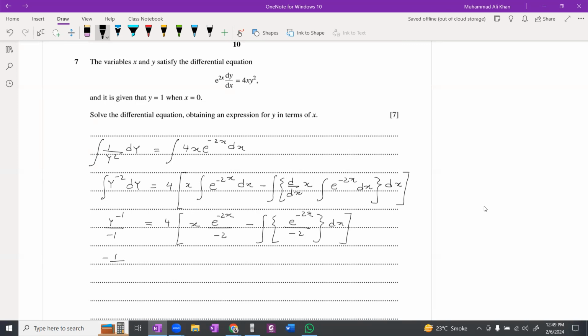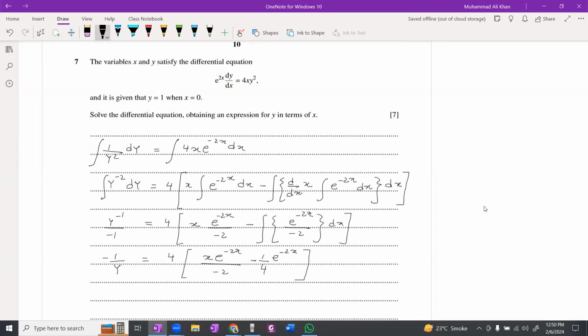It is minus 1 upon y equals to 4 x e power minus 2x over minus 2, and this one, the integral of e power minus 2x again, what will it be? The same, e power minus 2x upon minus 2. So it will be e power minus 2x upon 4, and when this 4 comes outside, it will be minus 1 upon 4.